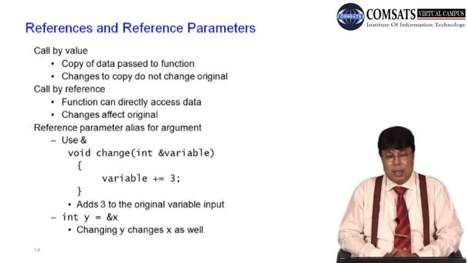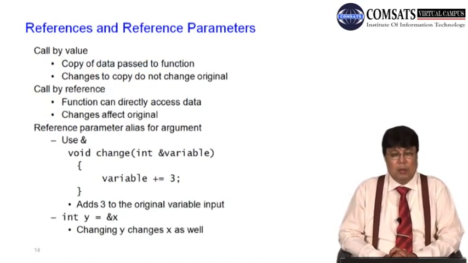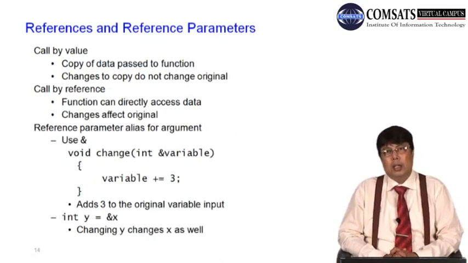References and reference parameters. We have already learned it in C language, but I will just quickly go through it so that you can have a quick revision also. That is, we can call the function and pass the parameters as arguments. So we can pass these arguments in a couple of ways.